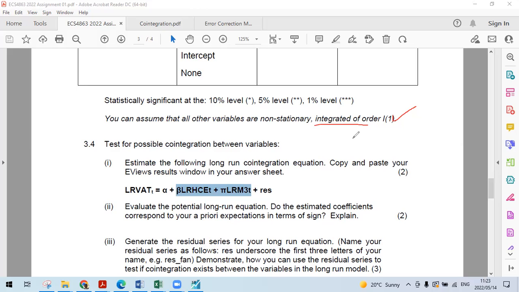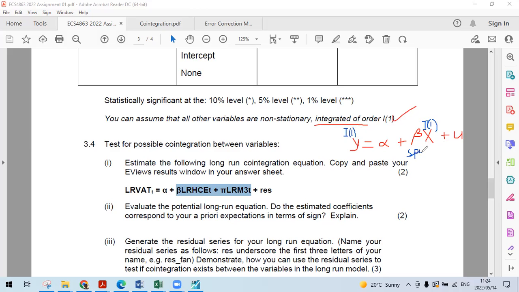Remember, we said if you have Y equal to alpha plus beta X plus the error term or the residual, and if this one is integrated of order 1, and this one is integrated of order 1, and this one is also integrated of order 1, if you regress this one on this one, you are more likely to get spurious regression, right?